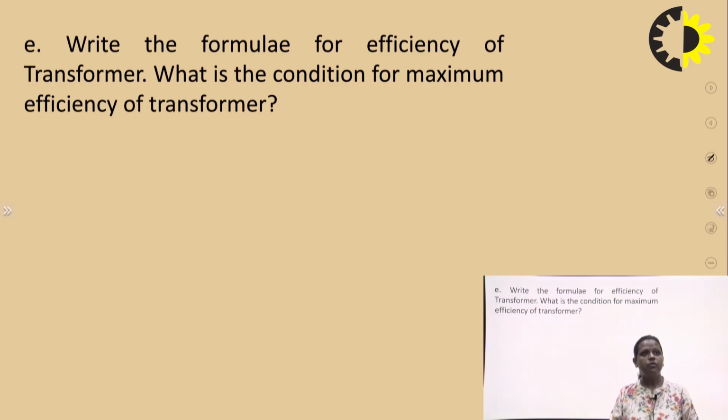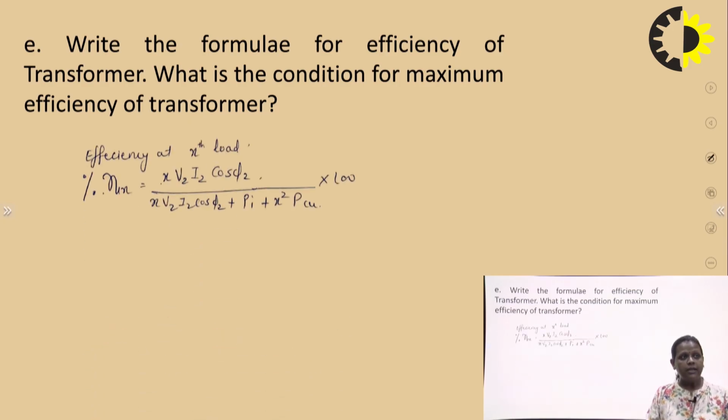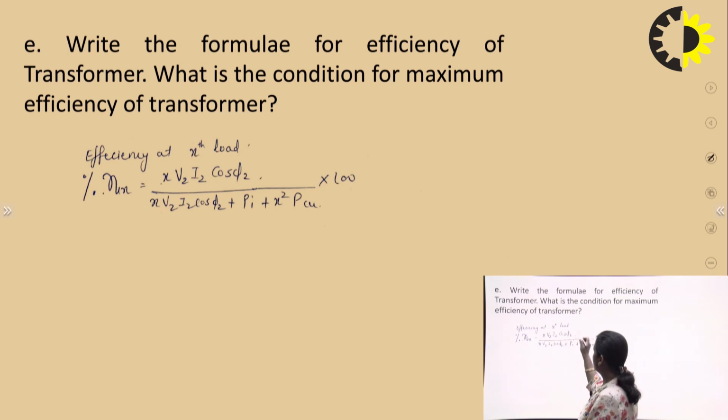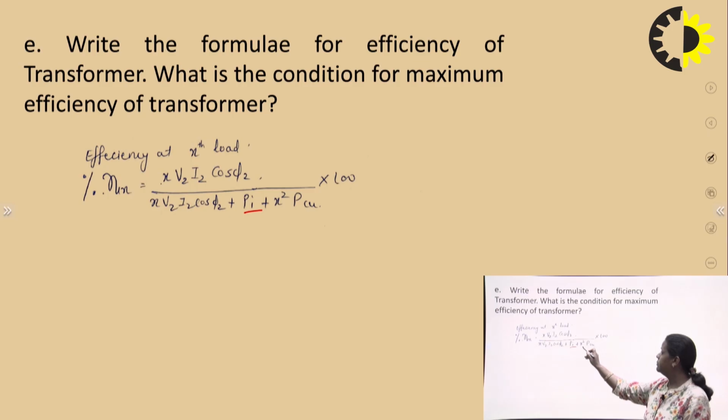Now write the formula for efficiency of a transformer, and what is the condition for maximum efficiency of a transformer? The formula for efficiency at x load is x V2 I2 cos phi 2 divided by x V2 I2 cos phi 2 plus iron loss plus x square copper loss, and this copper loss is your full load copper loss, right?